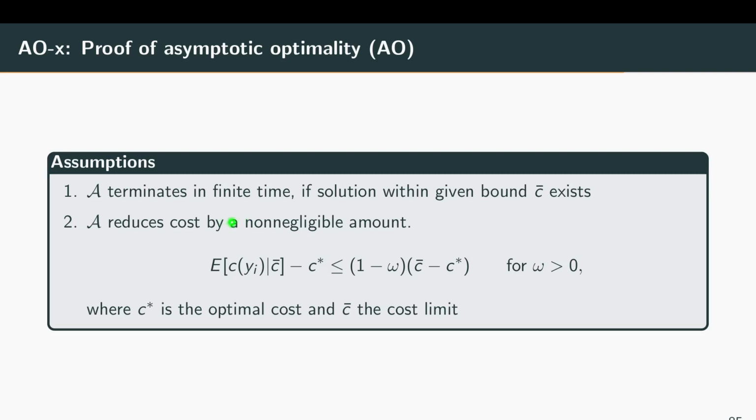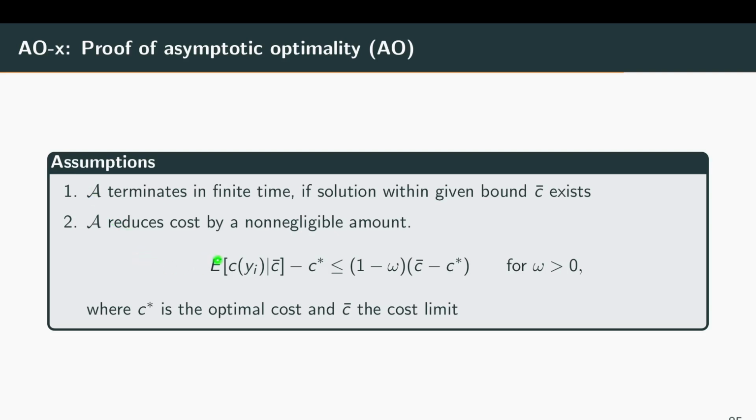maybe less obvious, but we also need to assume that every time we run it with a new cost bound, the new solutions that we get will actually be slightly better by some non-negligible amount.